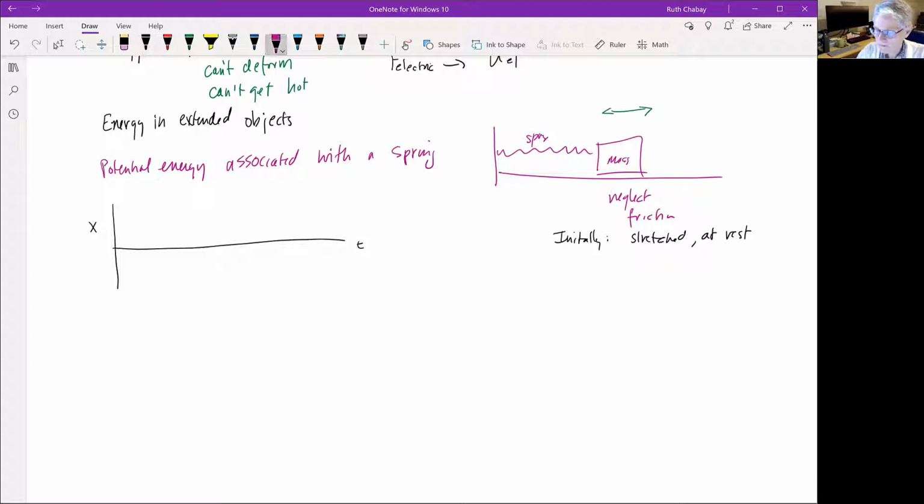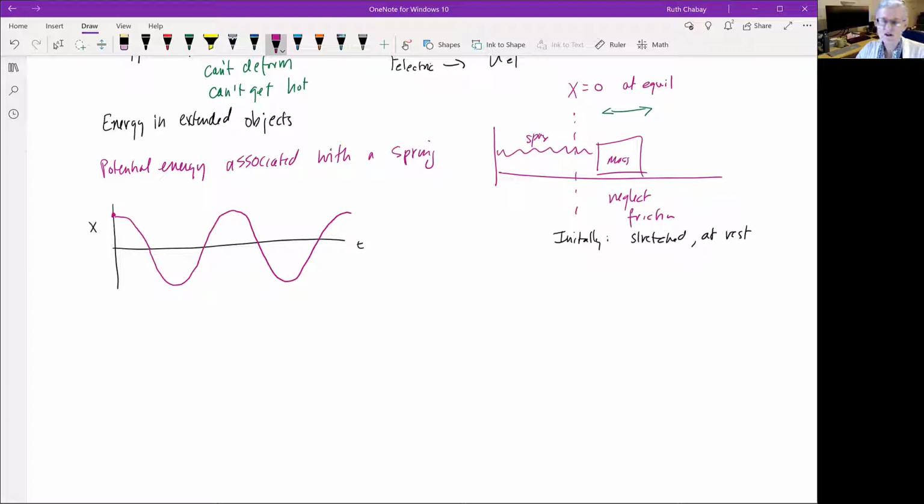And so it's at some maximum point here, and it's going to slide back towards its equilibrium position, gaining speed. We're going to say x is 0 at equilibrium, just to make this simple. And then it's going to be moving in the minus x direction, and then the plus x direction, and the minus x direction, and the plus x direction.